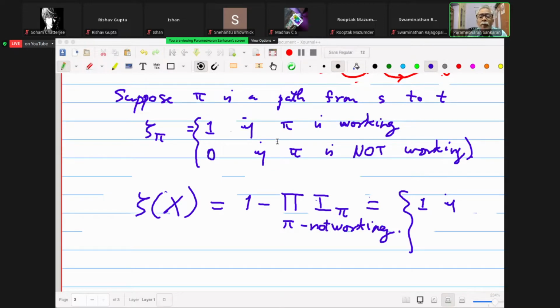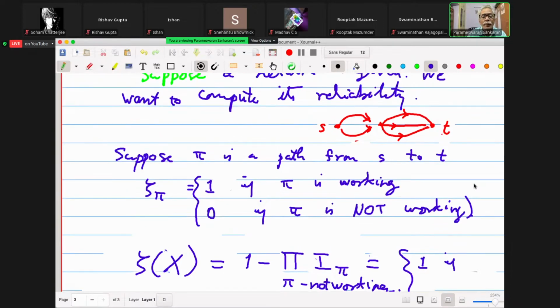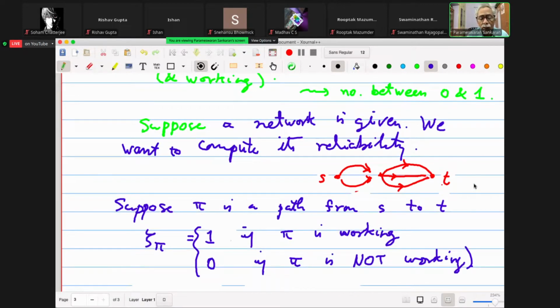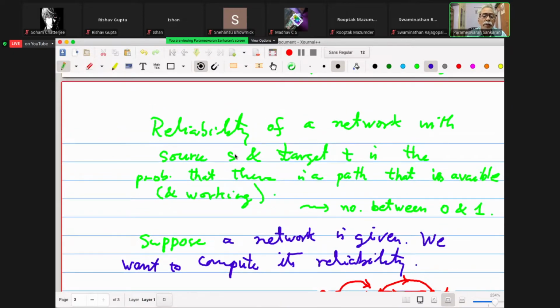Structure function taking values. So let me say this once again. Okay, so let me once again state what our aim is. We want to compute the reliability of a network, and that's going to be some number between 0 and 1.